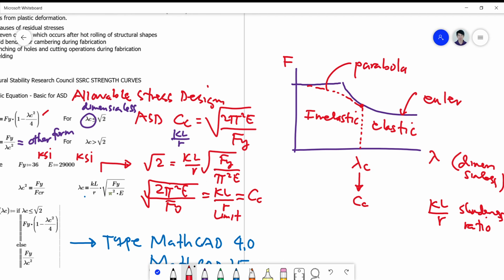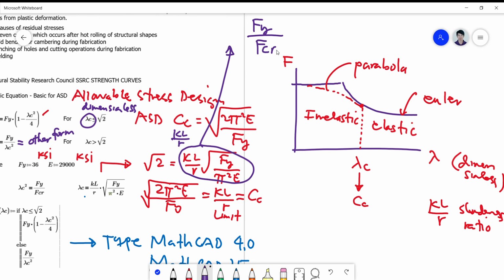So this expression here is simply the value of your Fy all over Fcr.